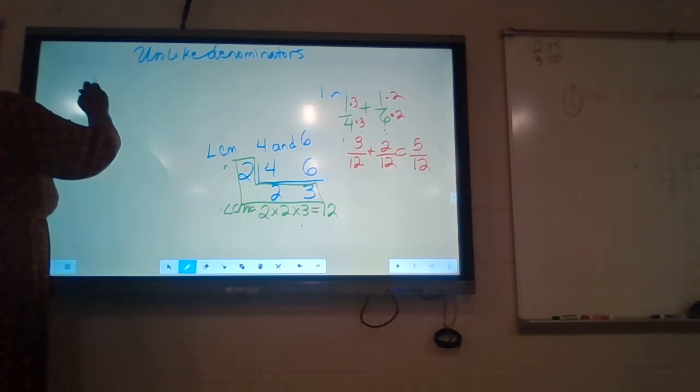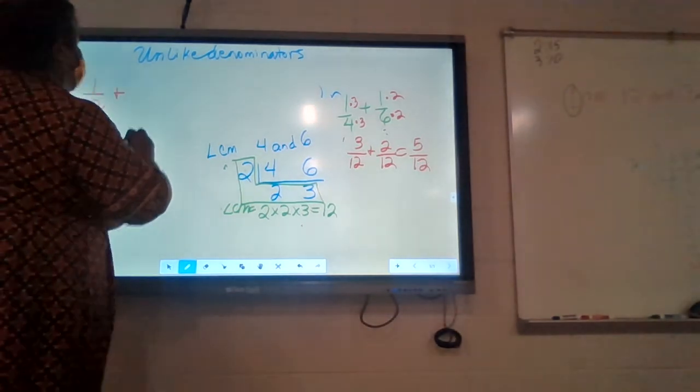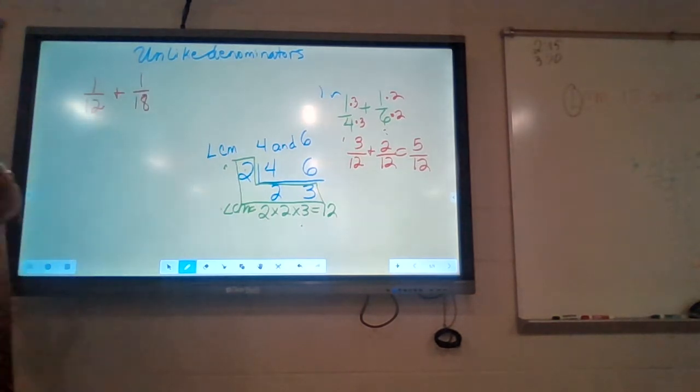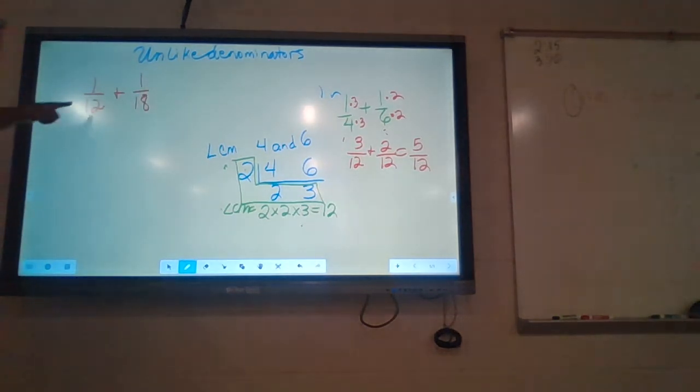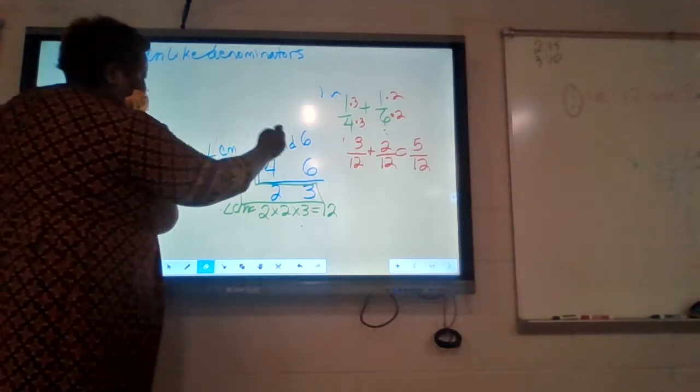I'm just using 1 at the top, plus 1/12 plus 1/18. Okay, my denominators must be the same. So I have to find my least common denominator. And I said the least common denominator was also the what?